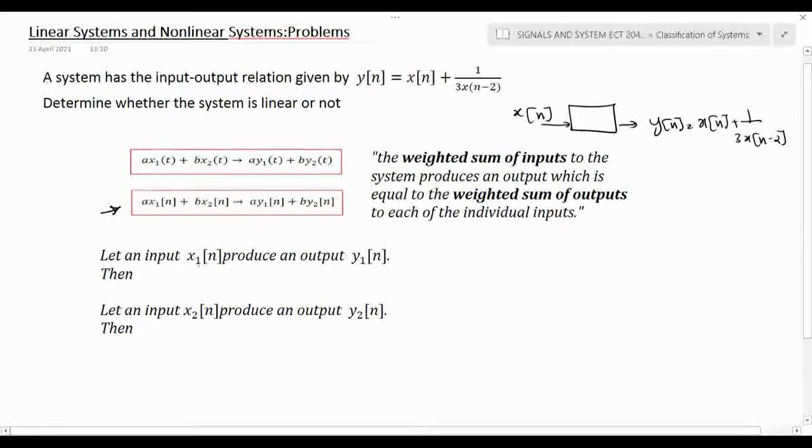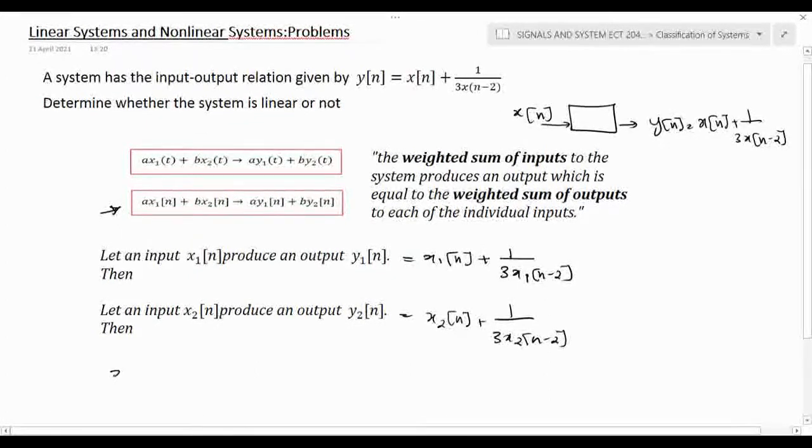Here, for the input x1 of n, the output is y1 of n. We can write y1 of n is equal to x1 of n plus 1 by 3 x1 of n minus 2. And for the second input x2 of n, the output is y2 of n, and y2 of n can be written as x2 of n plus 1 by 3 x2 of n minus 2.